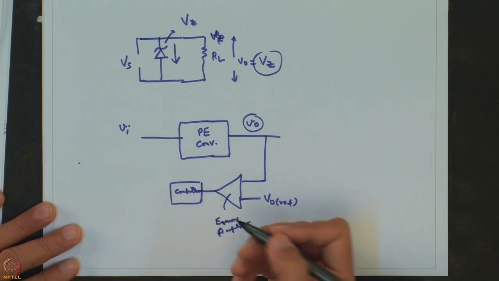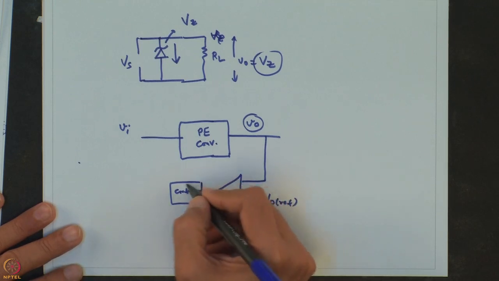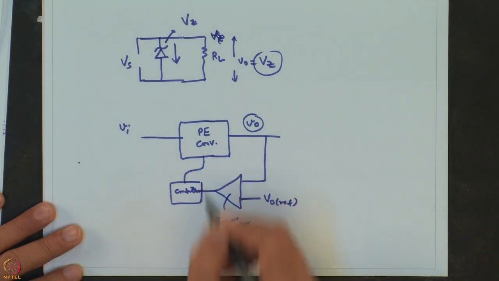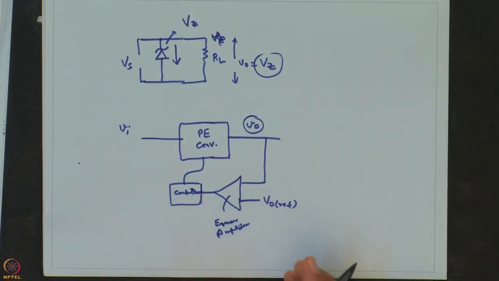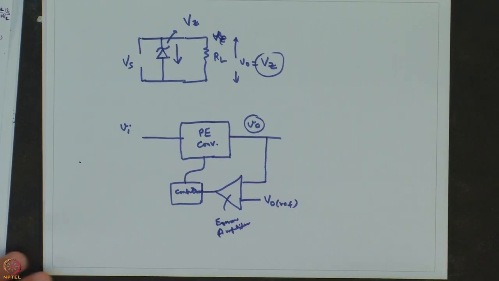Okay, now, this could be an analog controller or it could be a digital controller, as we have told you before. The output of this controller then actually manipulates appropriately the P converter's control variable. So, whether it is the switching time, or whether it is a frequency, it actually plays with that control variable.